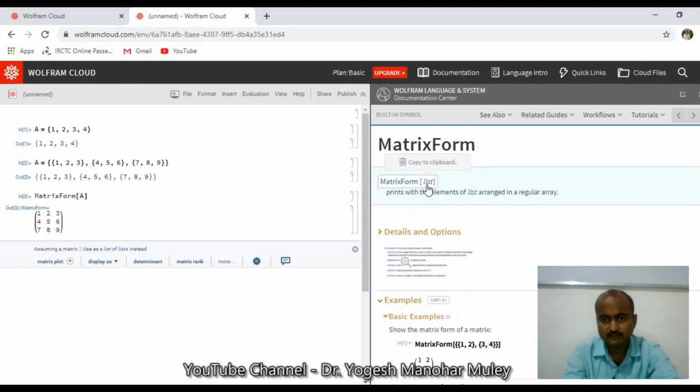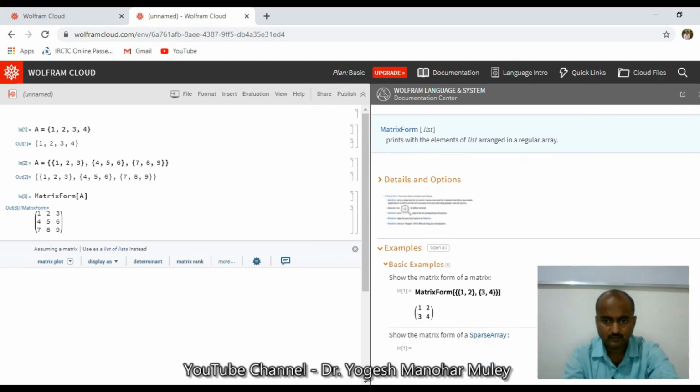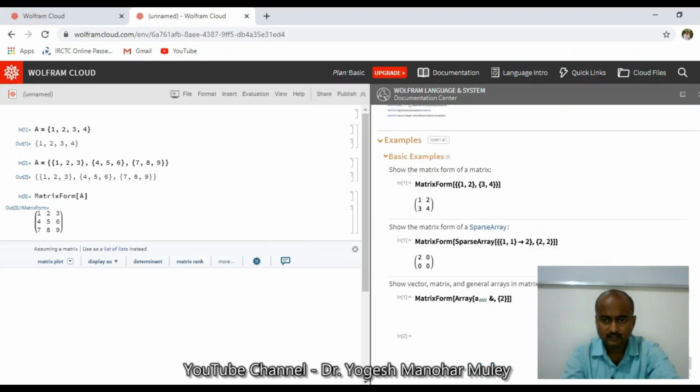Matrix in a square box. In the sense, we have to redefine the elements in the form of a list. So this will print the elements of the list arranged in a rectangular array.